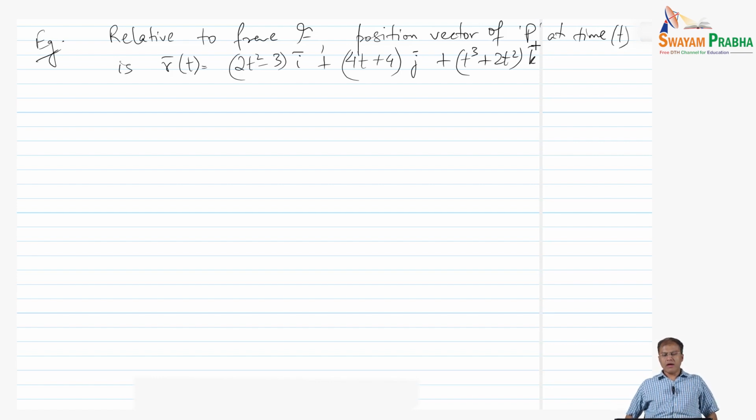So relative to the frame F, the position vector of P at time t is given by this formula.